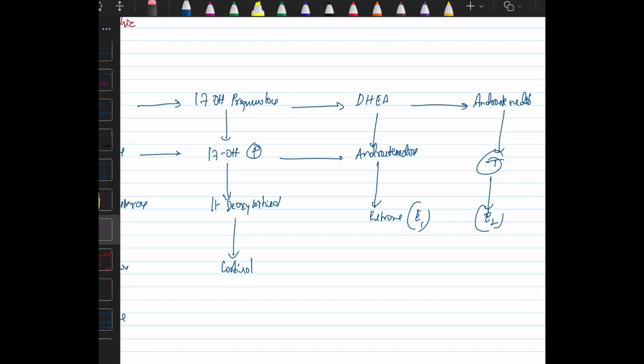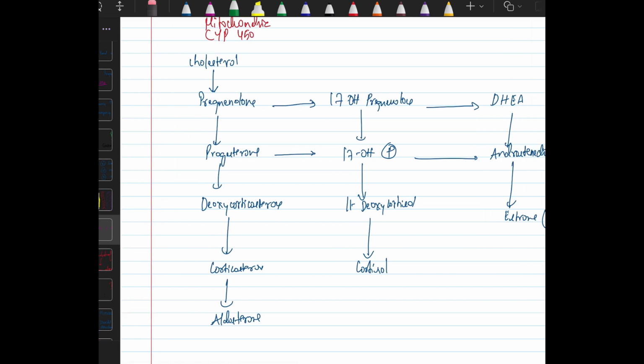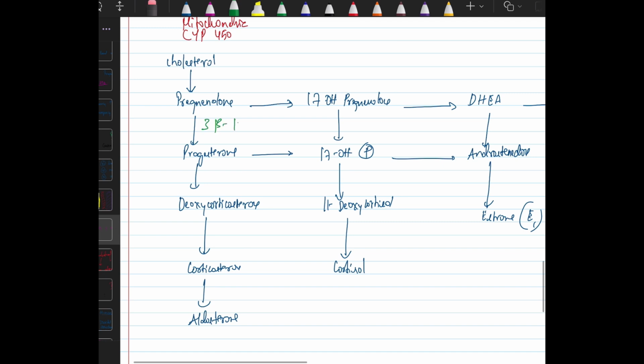So now we will see the enzymes involved, because these enzymes are very important when you are studying the development of sexual disorders. Okay, so we'll start with the enzymes. The enzyme involved in this step is 3 beta hydroxysteroid dehydrogenase.